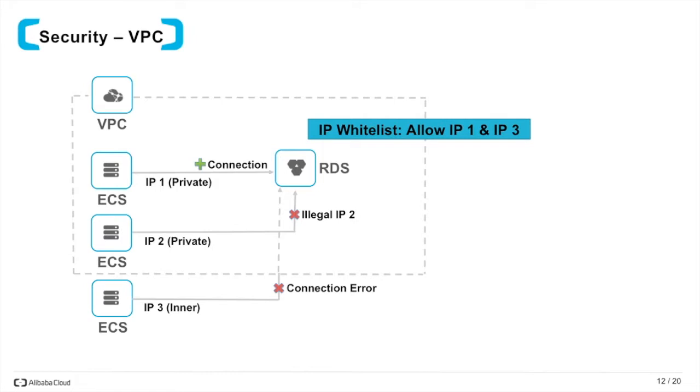There is also a difference when comparing the 2008 R2 HA edition and the 2012 Basic Enterprise Edition, Web editions, 2012 and 2016 HA editions. If your ECS net type is classic, it can access 2008 R2 HA in a VPC environment.